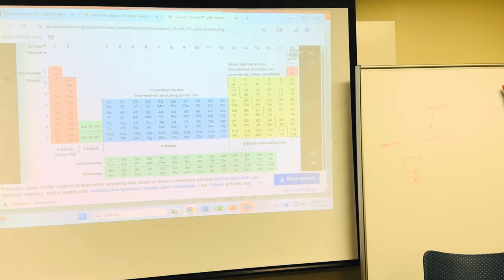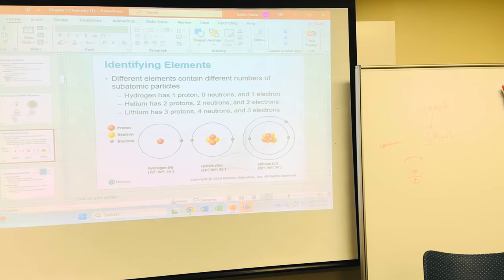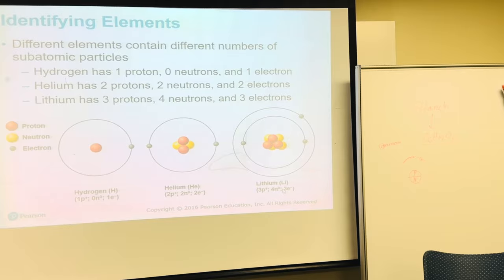If it is 3, it's lithium. If it is 4, it's beryllium. 5, boron. 6, carbon. 7, nitrogen. 8, oxygen. 9, fluorine. 10, neon. Clear? Okay, good. So now we know about the atomic number, which is the number of protons, right?